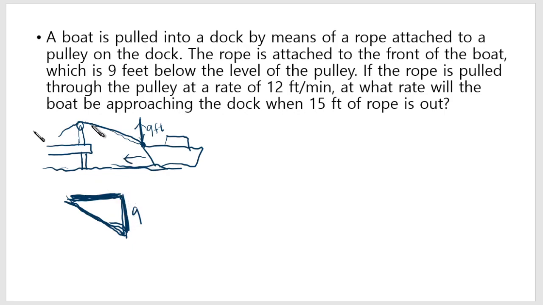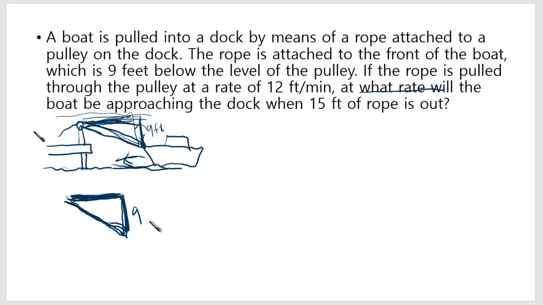Because I'm thinking of this triangle right here, okay? So for this triangle, if this is shrinking fast, that means the boat is approaching the dock fast, right? So this length is exactly what we want to know, if we want to know what rate the boat will be approaching the dock when it's 15 feet of rope out, okay?